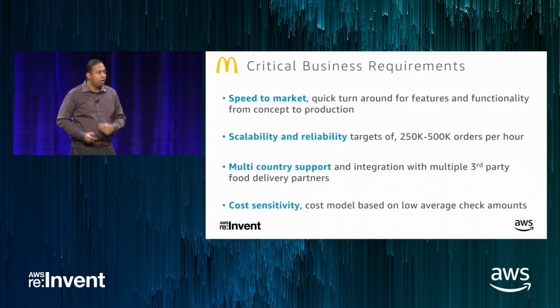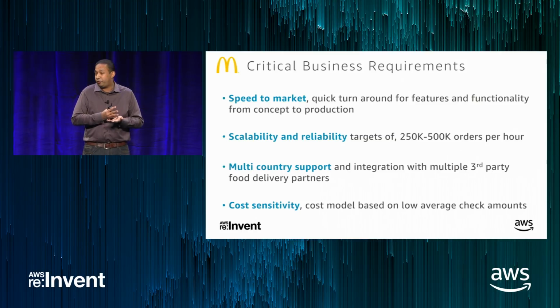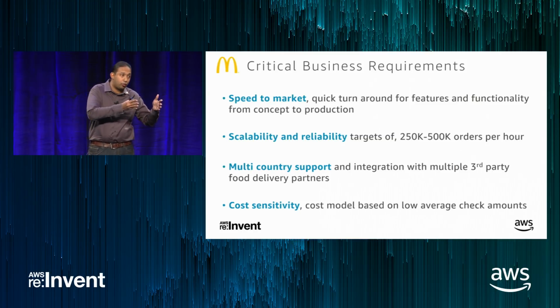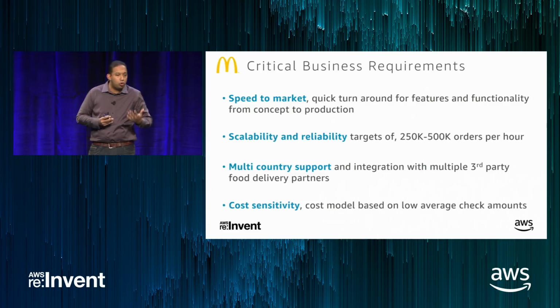So what were some of the critical business requirements for this, right? Uttara mentioned speed to market, right? So this was actually a 4-month duration for us, and that's from going from an idea to a concept to development to massive scale, right? And that's kind of the new norm that we see every day, right?